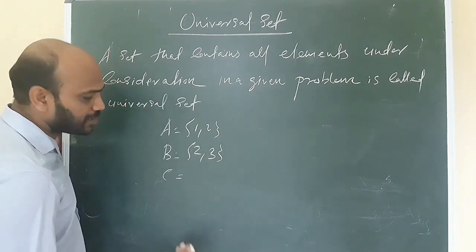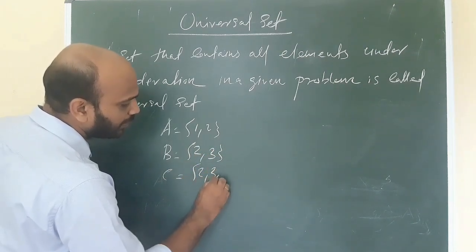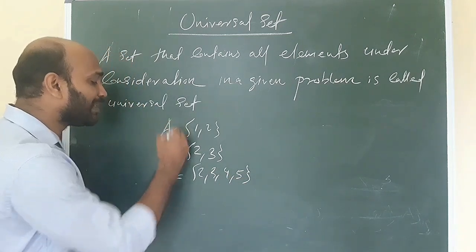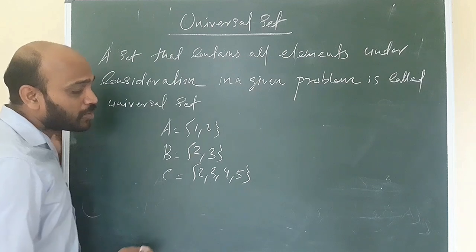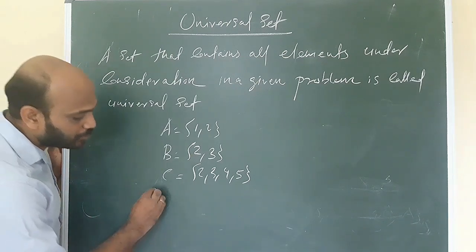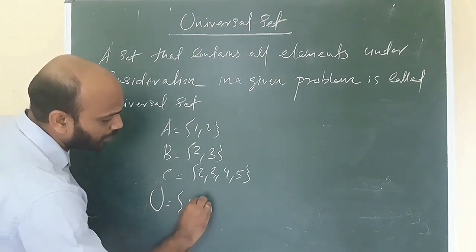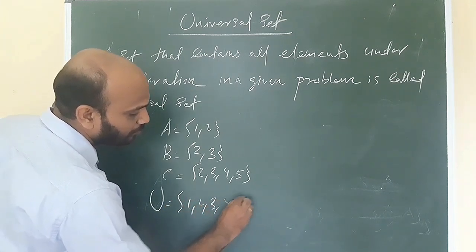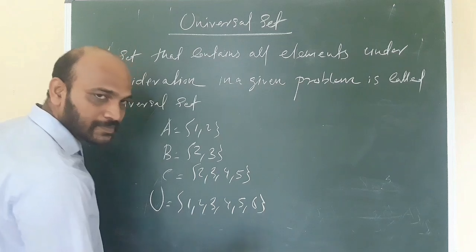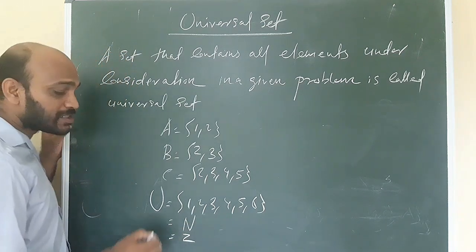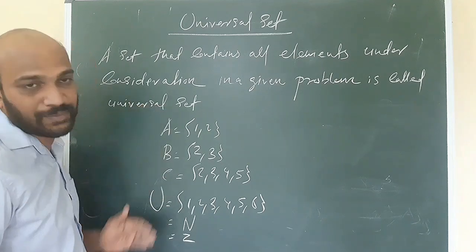Suppose one more set is there, C equal to 2, 3, 4, 5. We want to write the universal set for all these sets. Actually, the universal set is denoted by the letter U. Okay, U can be 1, 2, 3, 4, 5, 6. Otherwise, it can be N. It can be a set. This is the biggest set which contains all these elements.